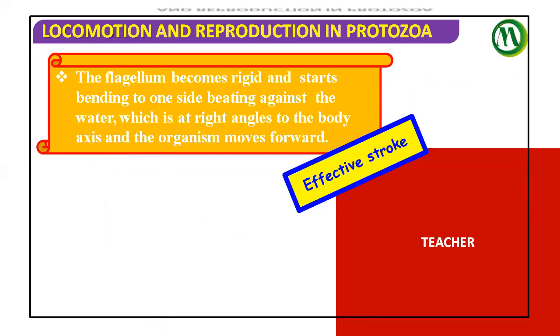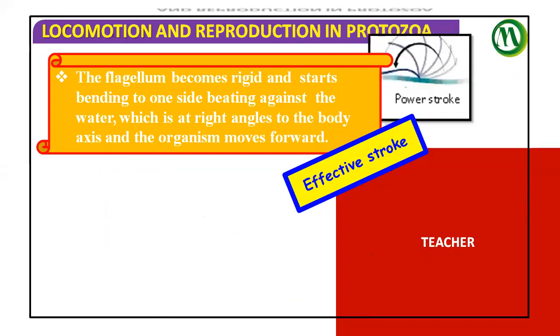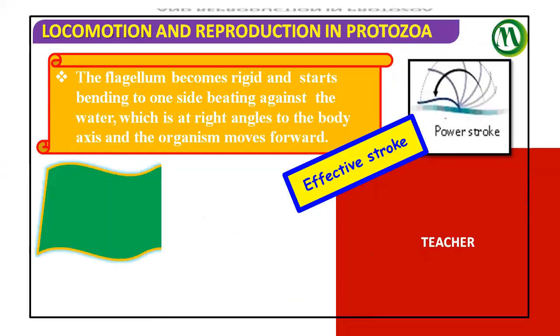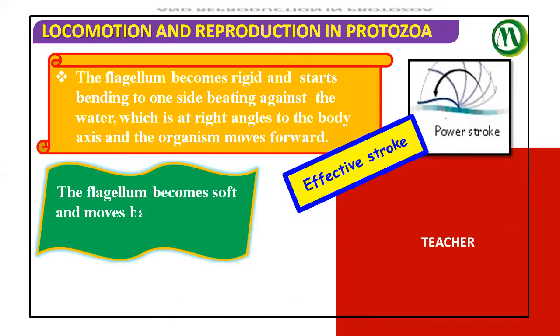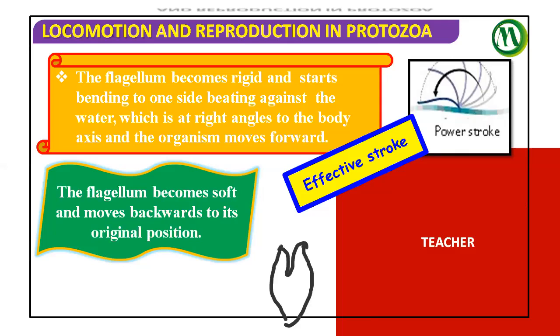So what next? The recovery stroke. Just see the power stroke; that is actually the cilia in the photograph. But now I have shown you how the flagellum works. Now the flagellum becomes soft. Here I am showing it again in Euglena. This is the position. Now the flagellum becomes soft, comes back and becomes straight.